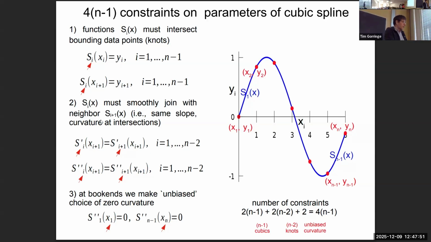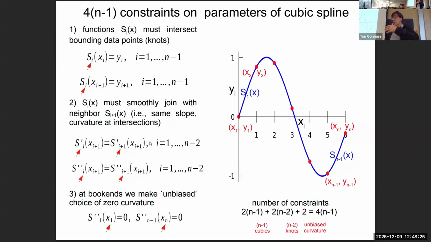We need 2 more constraints. The next constraints come from the fact that we're going to require that the slope, when we cross from one region of one cubic to the neighboring region of the next cubic, is continuous. That means that the first order differential of the cubic on the left-hand side of a data point and on the right-hand side of the data point must be continuous.